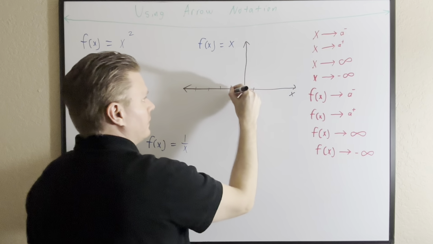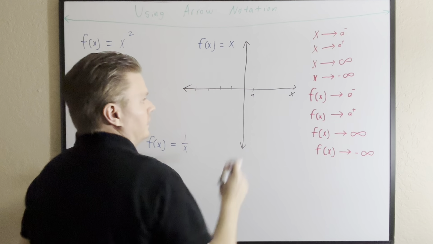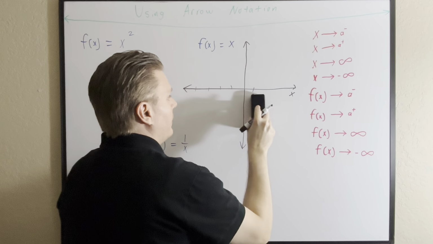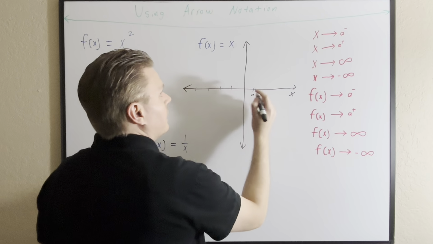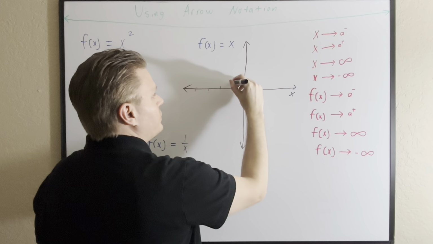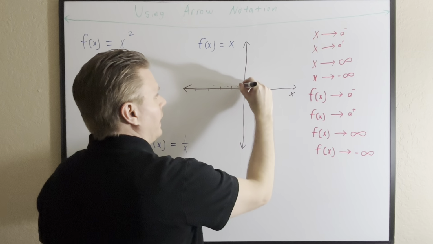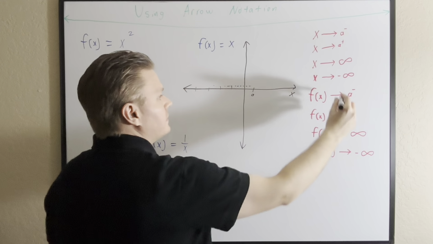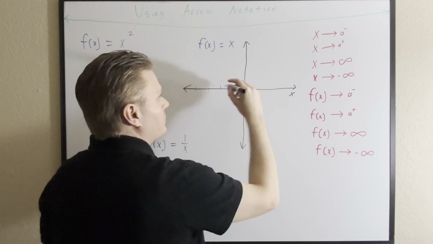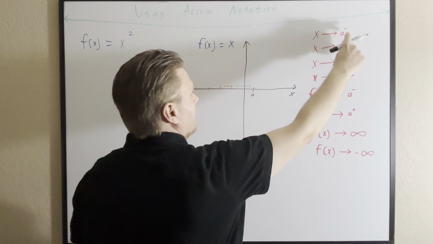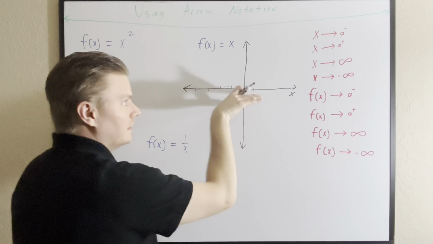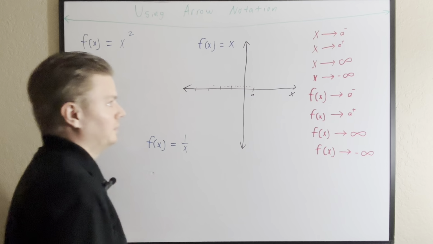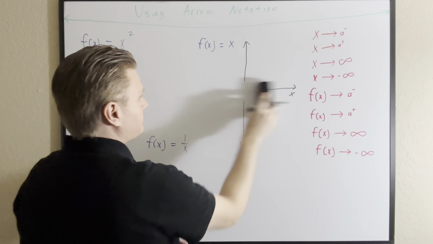Different values of X, but it's still X. A is one constant. As we're approaching that A, what does the function do? So we're saying as X approaches A from the left, from the negative side, what does f of X do? That's what we're talking about here.